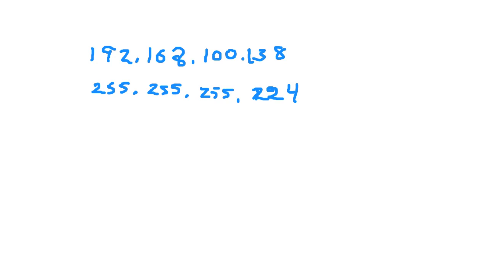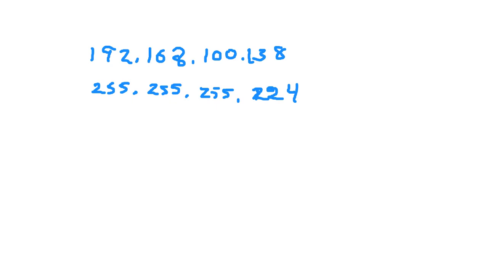Okay. Now, the book takes the approach of teaching you to do this. So they'll sit there and convert this whole address into binary all the way across, all 32 bits. Convert this subnet mask all the way across 32 bits into binary.